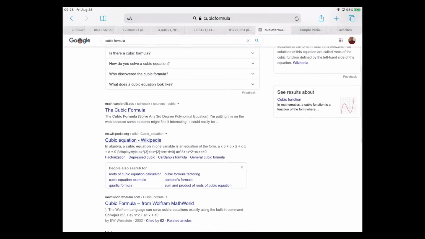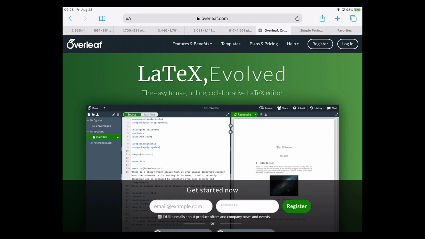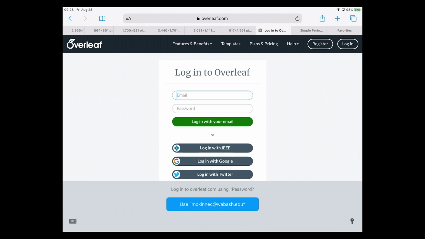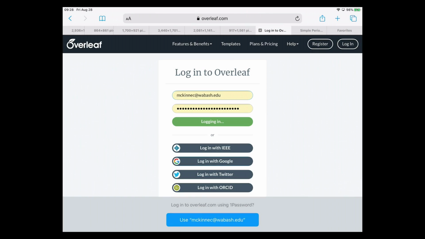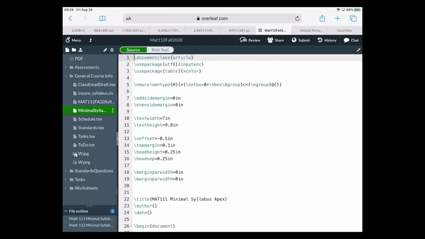Let me pull it up here. Oops. Come on. Expand. Okay.